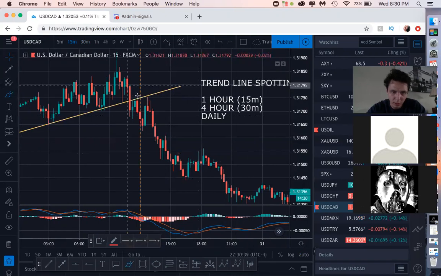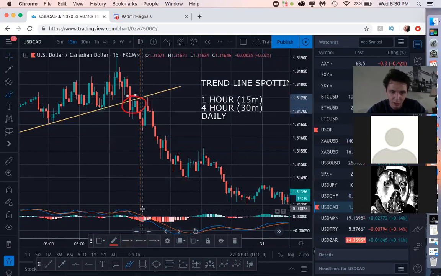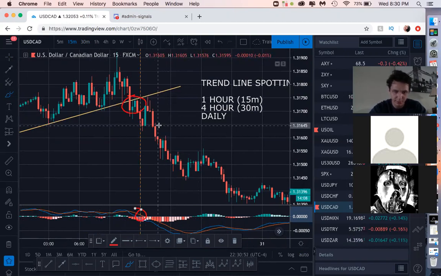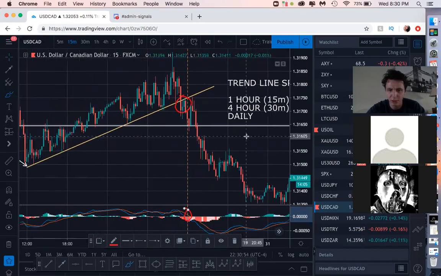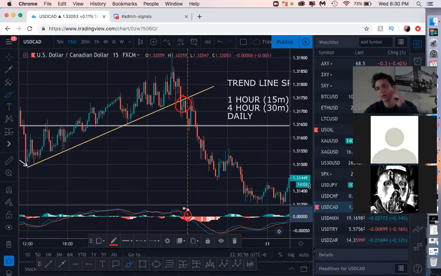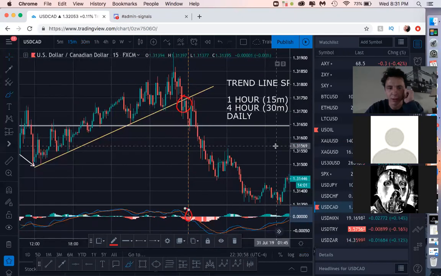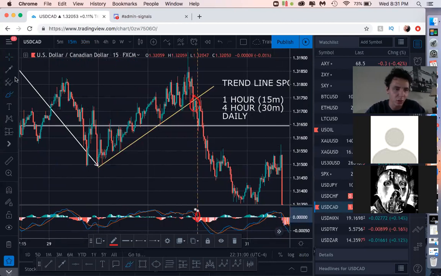We get the break of the trend line back here with the nice little retest, and that retest aligns with this break. I end up getting in a little late, but still good around this area. And I rode this out for maybe 20 pips. I'm really being modest, I'm not really going for these home runs.